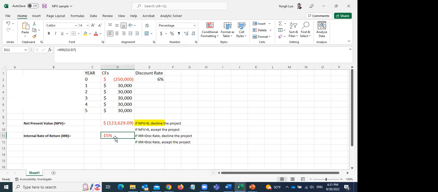Negative 15 is lower than 6%, right? Less than 6%. So we need to decline the project. You can use either net present value or internal rate of return, and both methods give you the same decision. You should not accept the project.